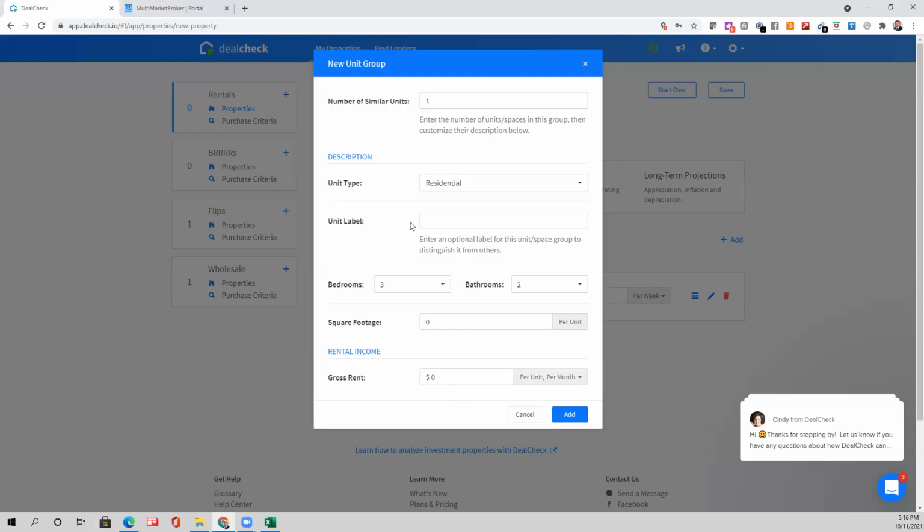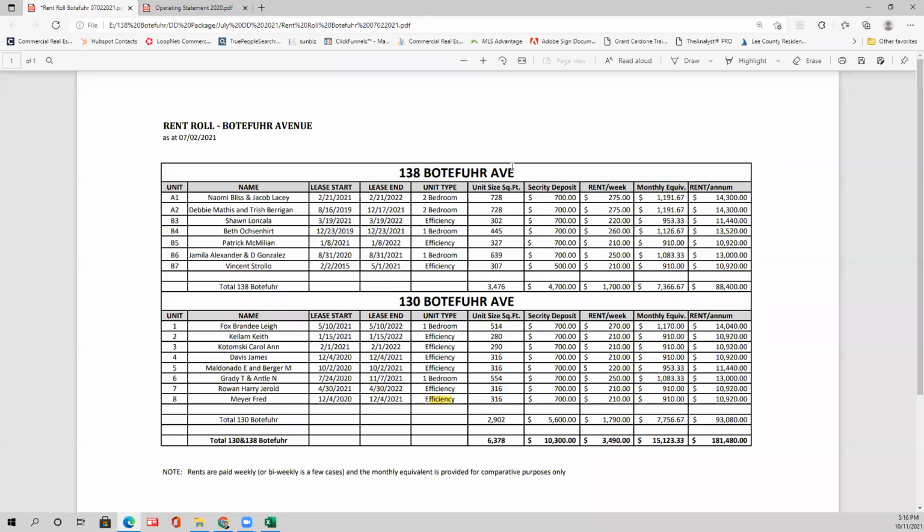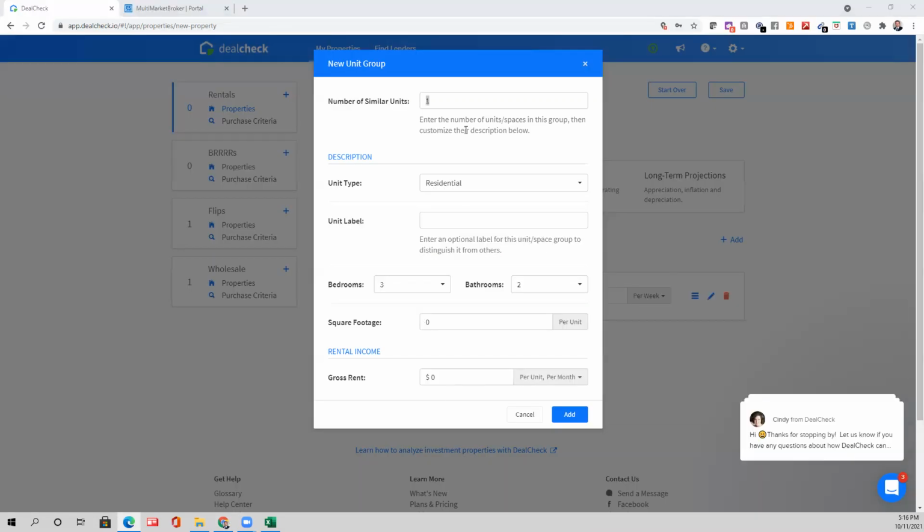And then we're going to add the 1 bedrooms, which again, if you go back to the rent roll, count them up: 1, 2, 3, 4 1 bedrooms. There's 4 there. It's residential, 1 bed, 1 bath.